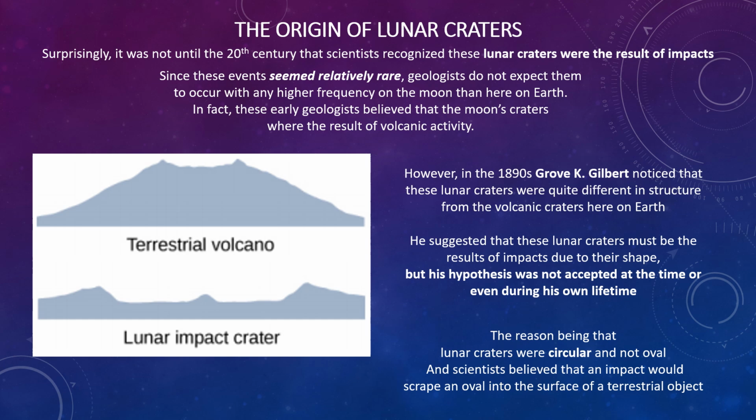It took until after he died for this idea to really catch on and his hypothesis to really gain the evidence that it needed. The reason being that lunar craters are circular and not oval, and they believed that impacts would scrape out an oval onto the surface of a terrestrial object instead of a circle.